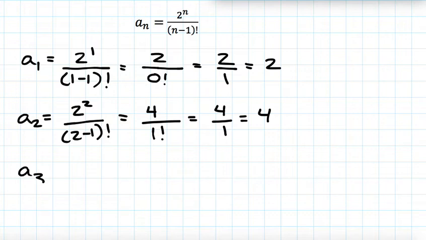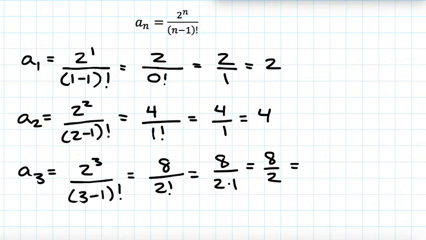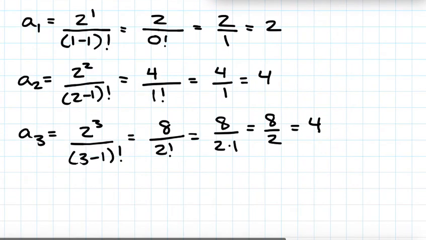For a sub 3, plug in 3 for n. 2 to the third is 8. 3 minus 1 is 2. And 2 factorial would be 2 times 1. So 2 times 1 is 2, and 8 divided by 2 is 4. So this is kind of a weird thing because third term is the same as the second term. So the pattern in these is not always like super predictable or obvious.